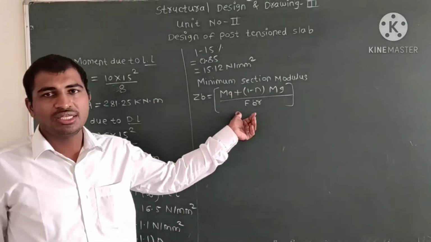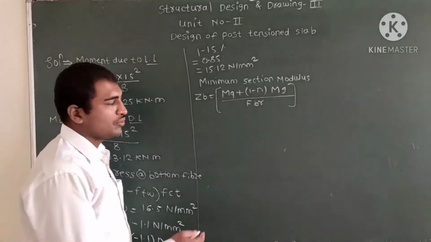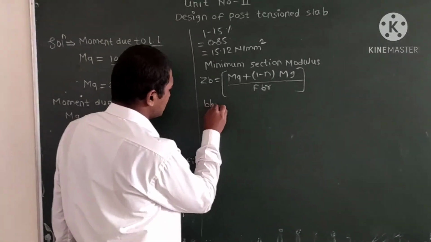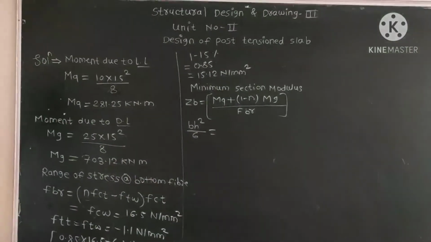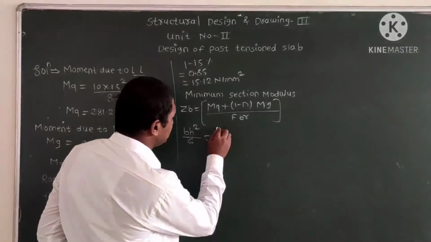This formula is also in the IS code. BH square upon 6 is equal to 28.